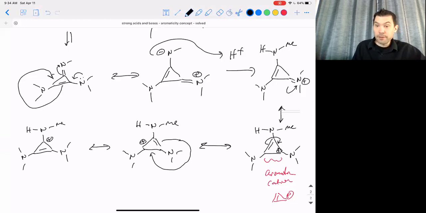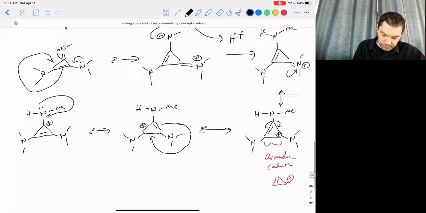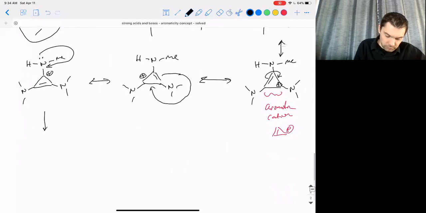And so we can put that positive charge on all 3 carbons. Furthermore, we can put it on any of the 3 nitrogens. So we could take the N lone pair here and move that down. Or we can put it on this nitrogen if we want to.